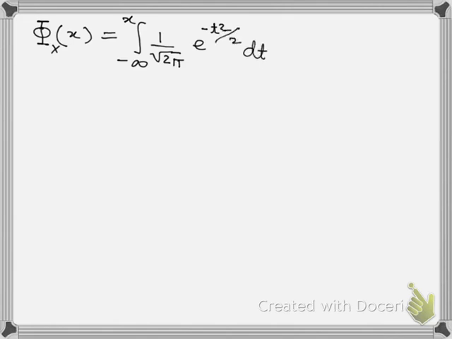Remember, we denote the CDF, or cumulative distribution function, by phi of x, which is the integral from negative infinity to x of 1 over square root of 2 pi, e to the power minus t square over 2 dt.